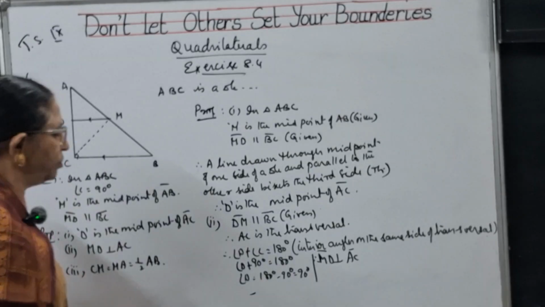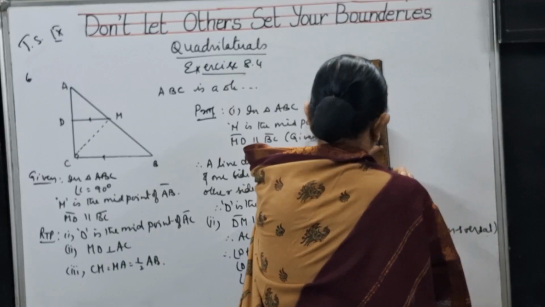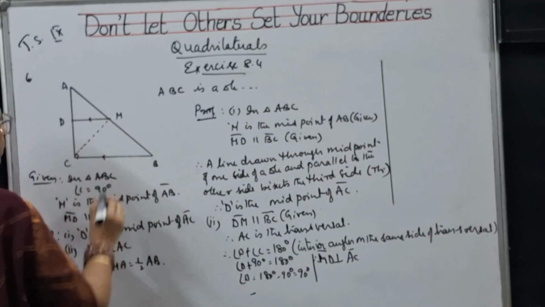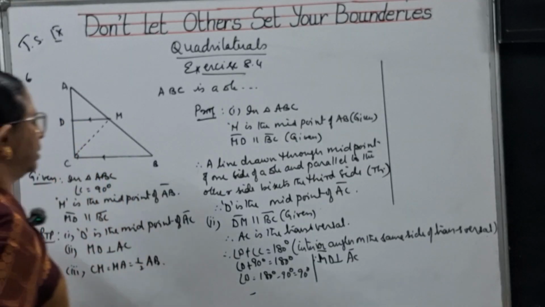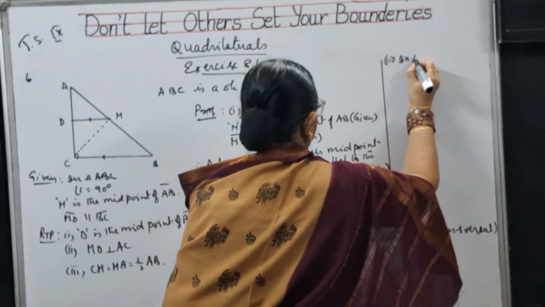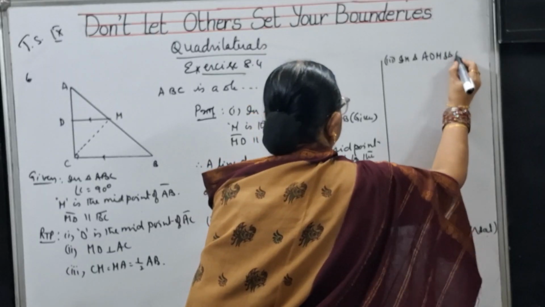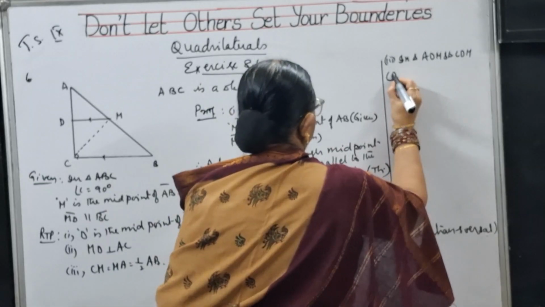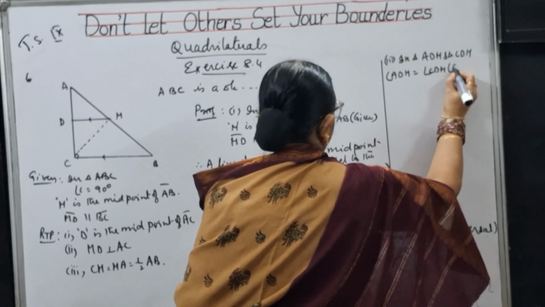Now third proof. CM is equal to AM we have to prove. So for that let us take two triangles in third proof. In triangle ADM and triangle CDM, in these two cases, angle ADM is equal to angle CDM, 90 degrees.